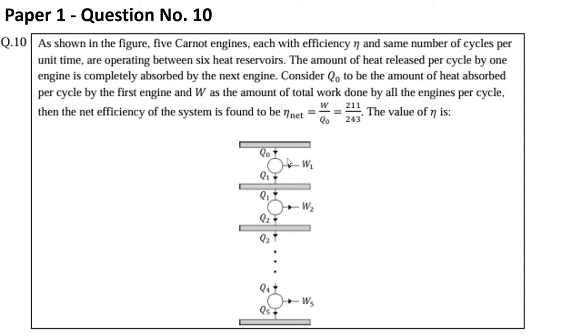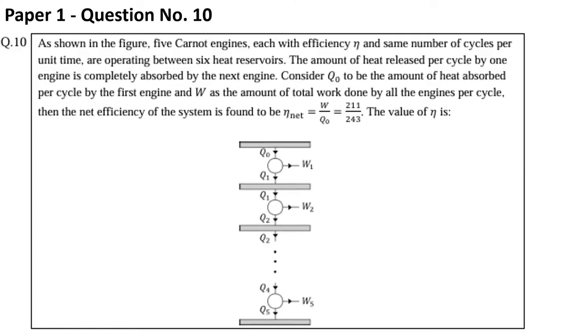If the heat absorbed by the first engine is Q0 and the total amount of work done is W, then the net efficiency of the system, total work output by heat input, is given as 211 by 243. And you have to find what is the efficiency of each Carnot engine.